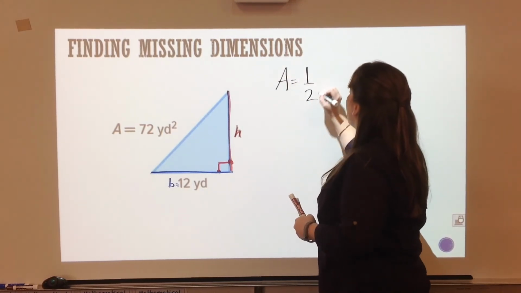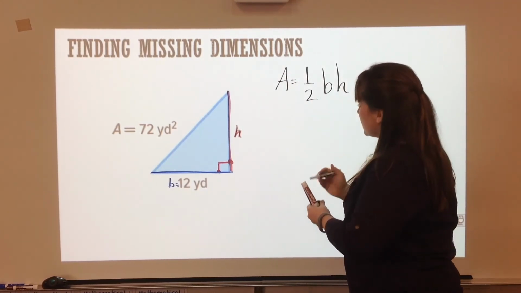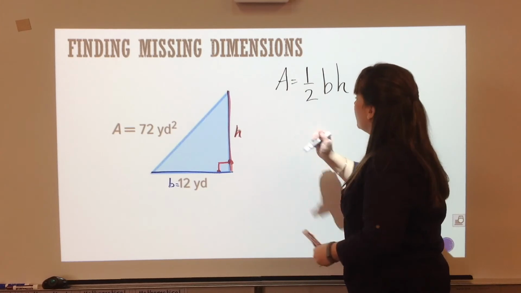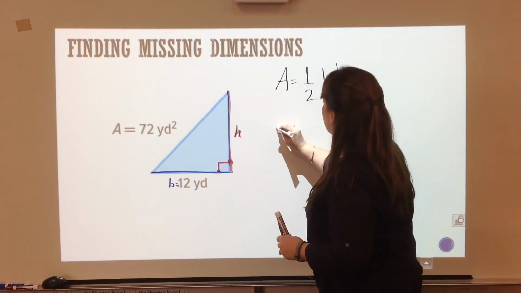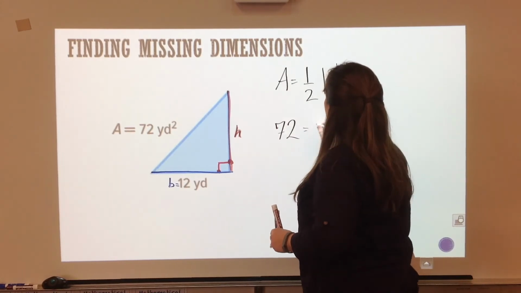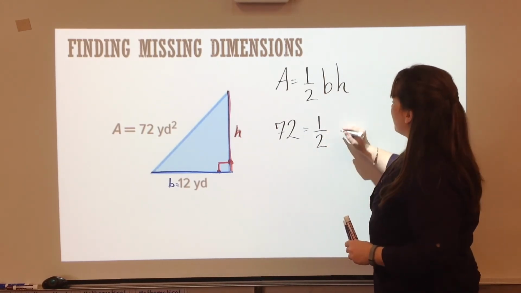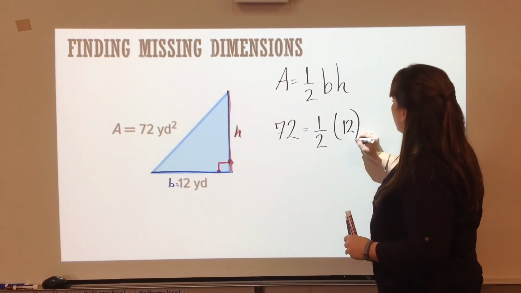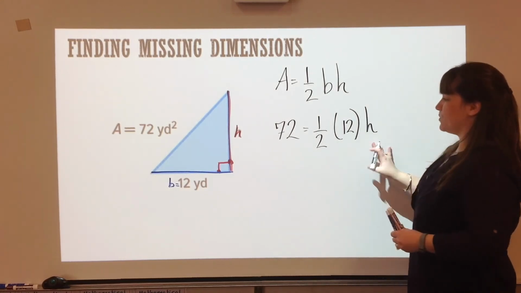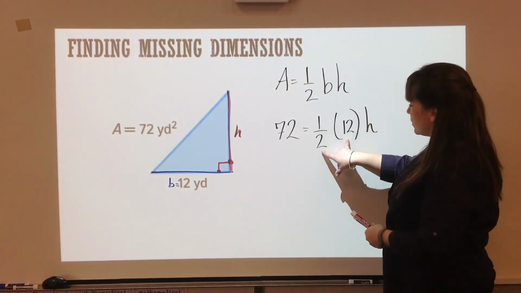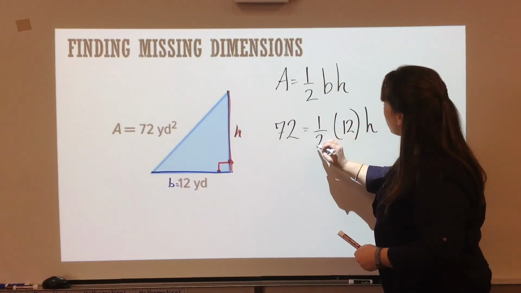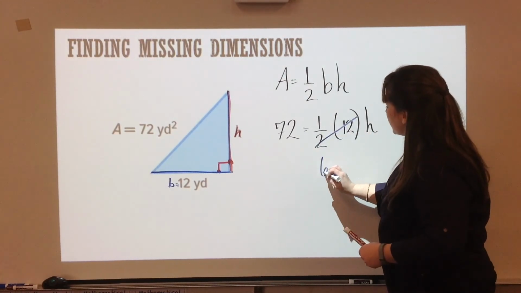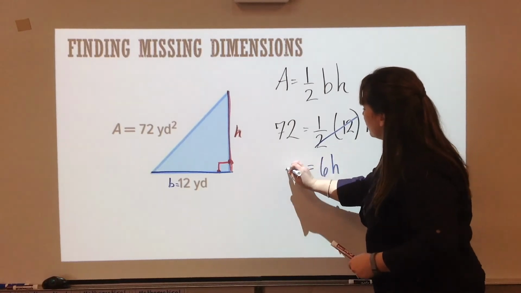Area is 1/2 the base times the height for a triangle. So now our area, we actually know, is 72. We're going to multiply that by the base, which is 12, and we don't know the height. So that's what we have to find. We can do this first part and simplify this by taking 12 and taking half of it, which is just 6.